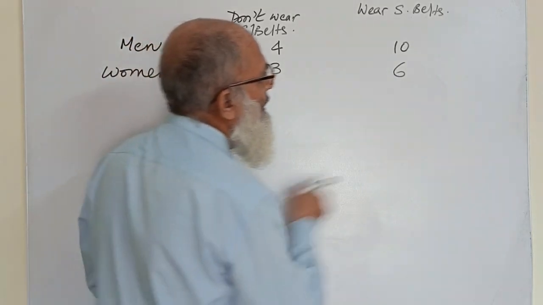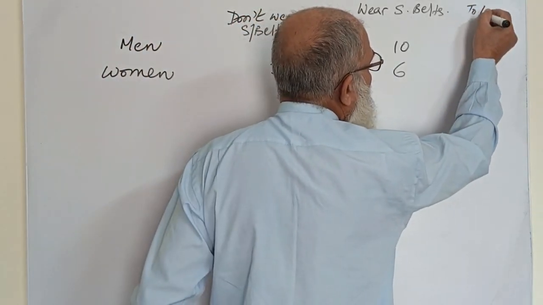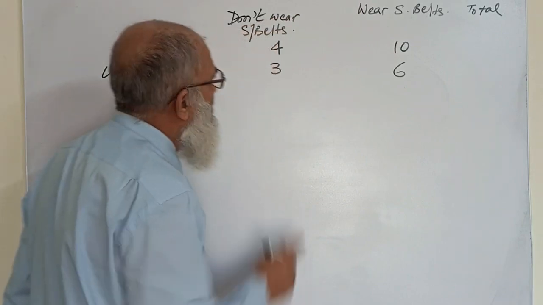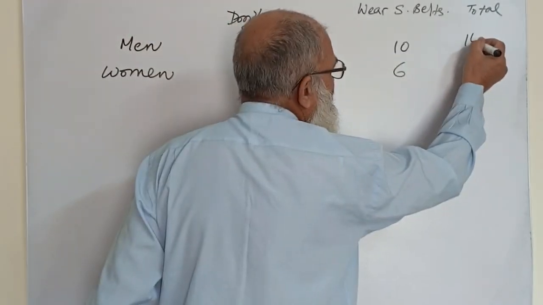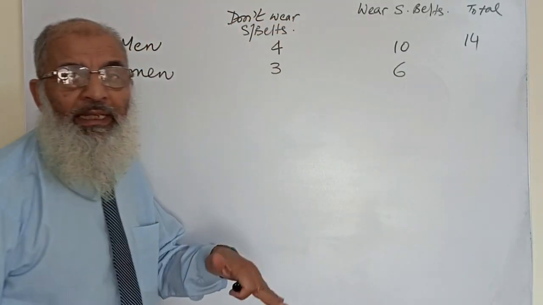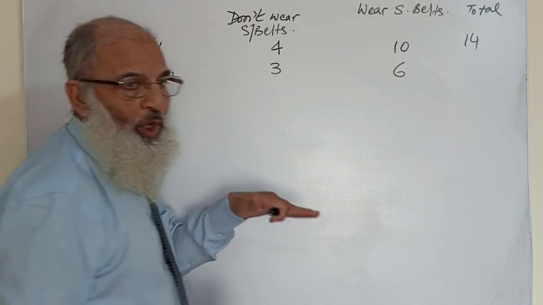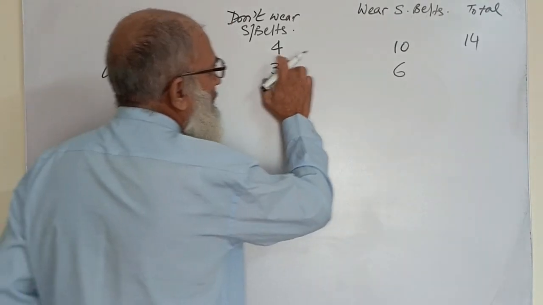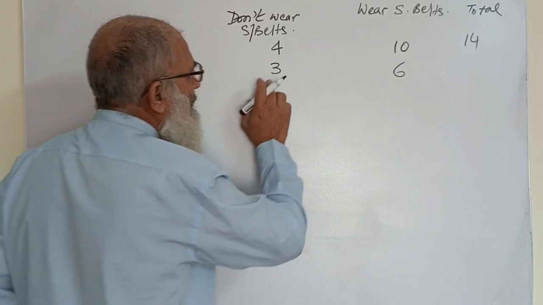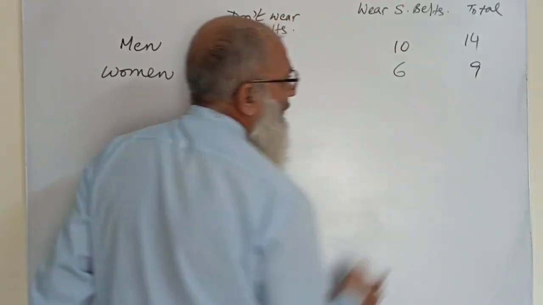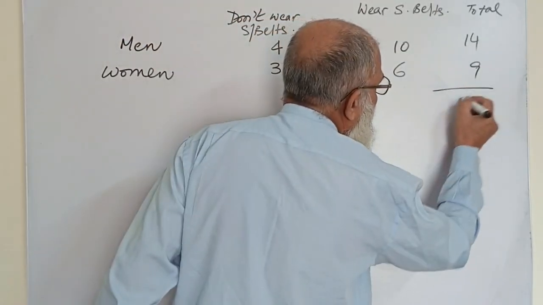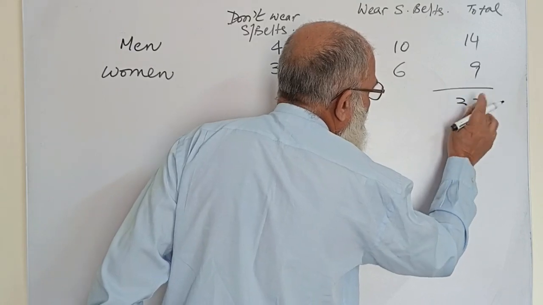So we can have the individual totals also from here. That means 14 men crossed that checkpoint, and 9 women, and in total there were 23.